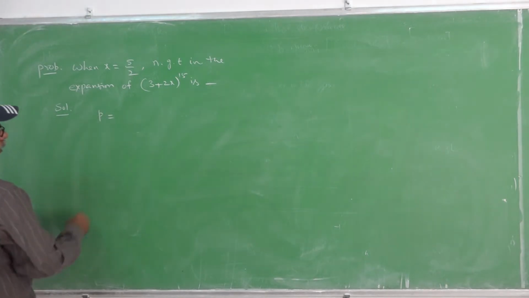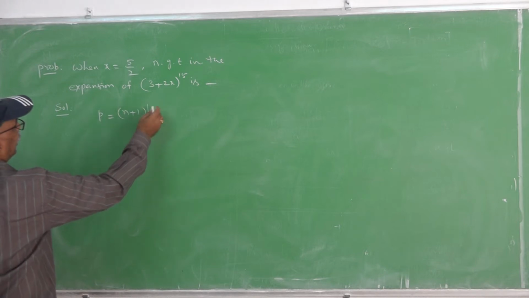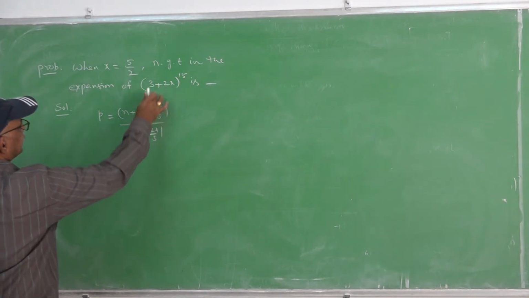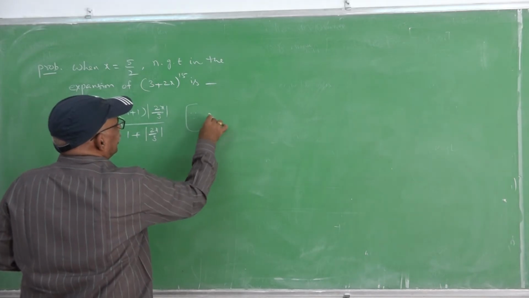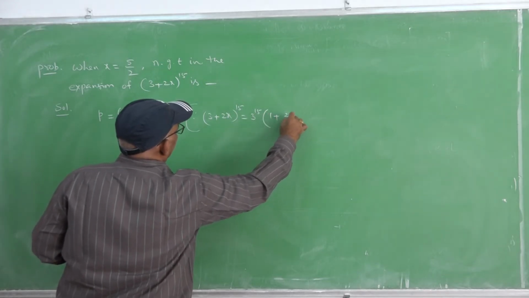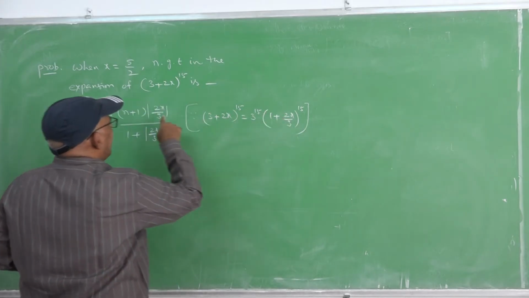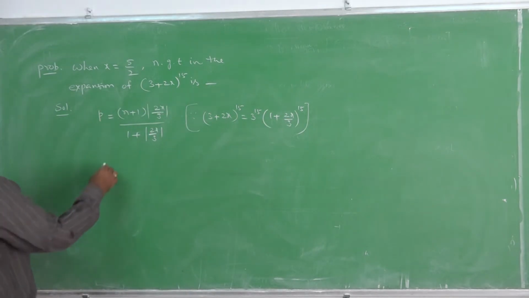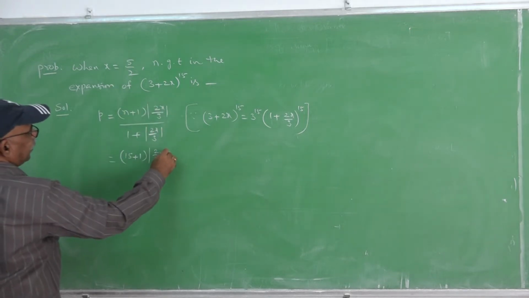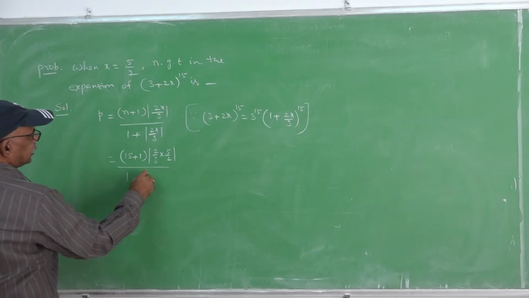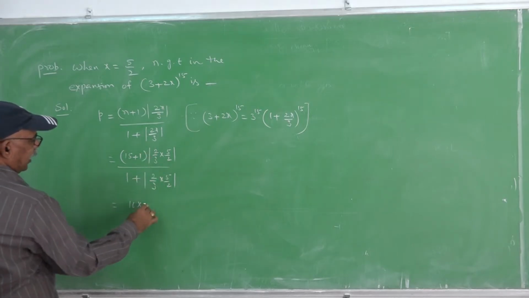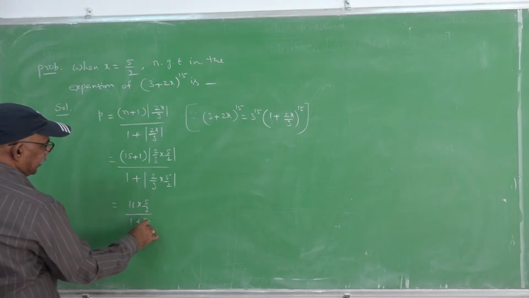Let us find p, that is (n+1)|x|/(1+|x|). Here, taking 3 as common, (3 + 2x)^15 may be written as 3^15 into (1 + 2x/3)^15. Taking 2x/3 as x here, n is 15, so 16 into (2/3)(5/2) divided by 1 plus (2/3)(5/2), which gives 16 into (5/3)/(1 + 5/3).